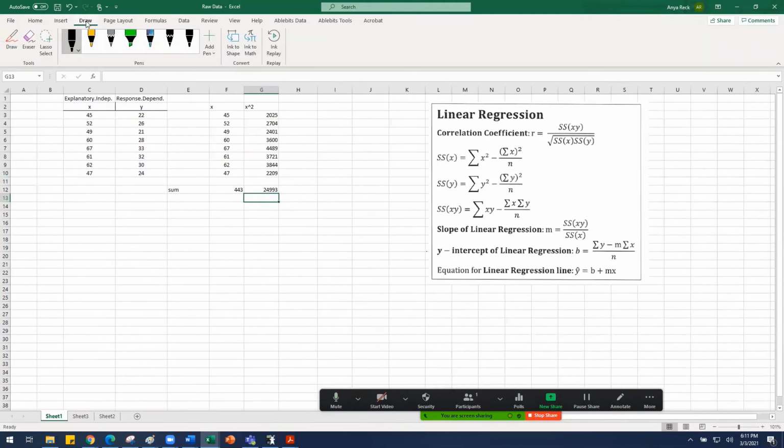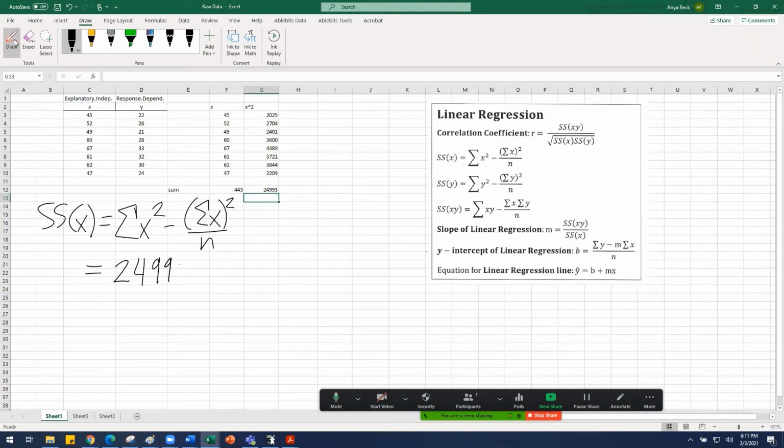So SSX, the sum of x squared minus the sum of x, squared, divided by n. So the sum of x squared was 24,993 minus the sum of x, which was 443.